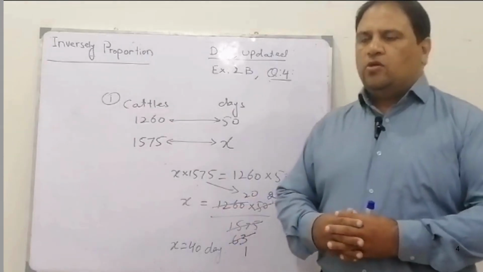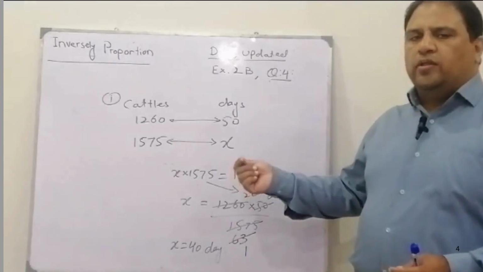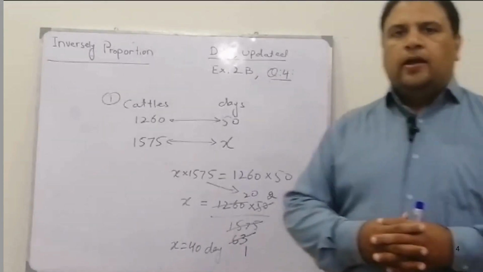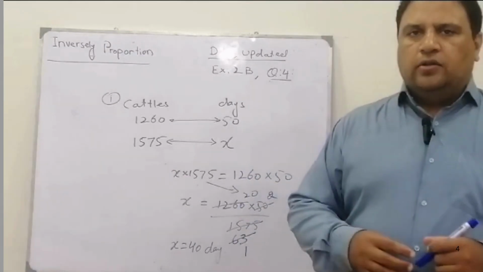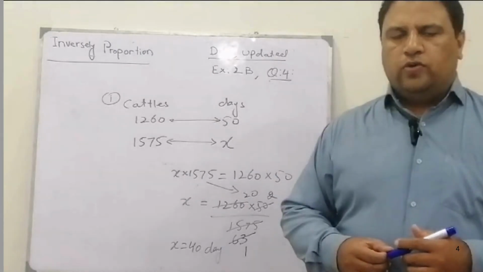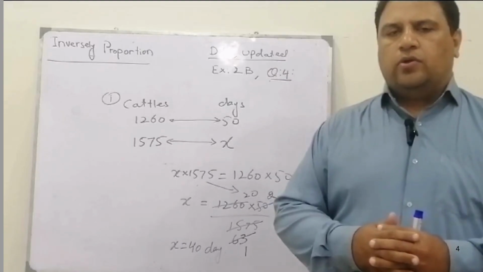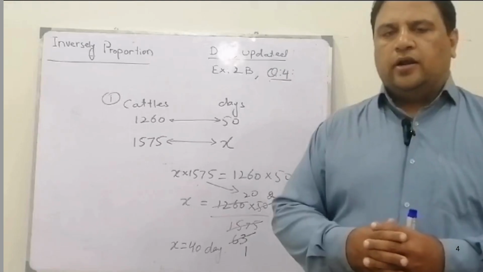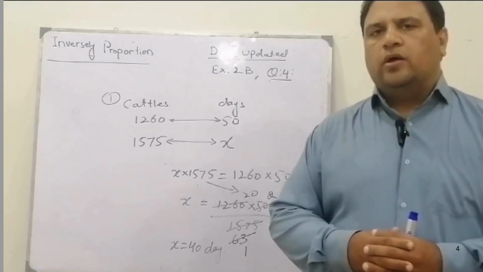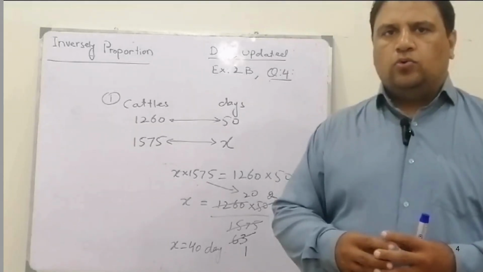So this is how we find the missing value when the proportion is inverse, and we have done directly and inversely proportion. Now in the next videos we will discuss some geometrical topics, and we will discuss how to solve directly and inversely proportion when unknown values like x and y are given, and how to solve these sums.